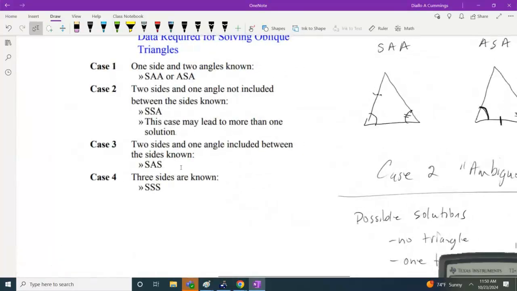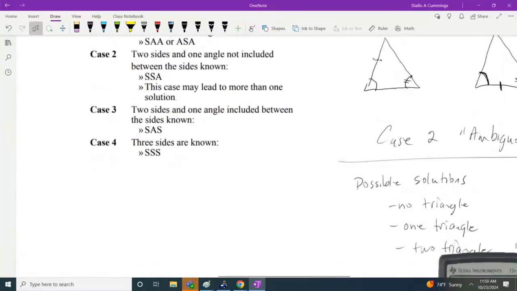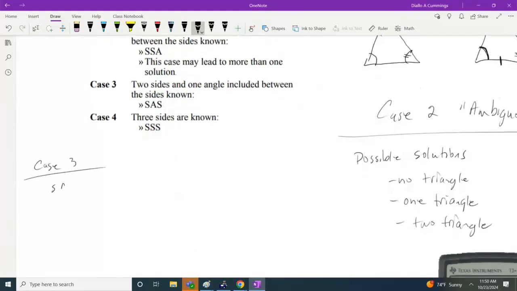Case number 3 is a side angle side. So this is what a side angle side looks like. This is case 3. For side angle side, I'm given a side length measurement, I'm given another side length measurement, and between those two sides, I'm given an angle measure. So that's my side angle side case.